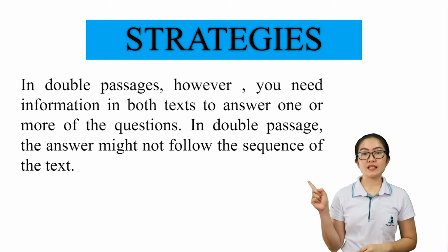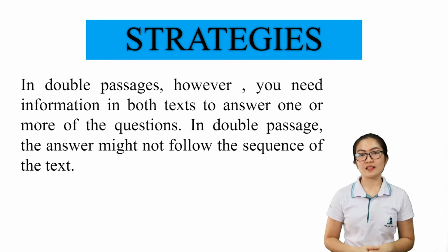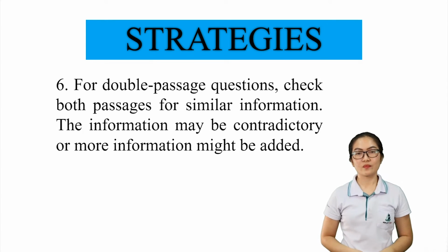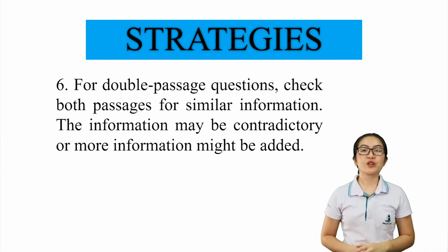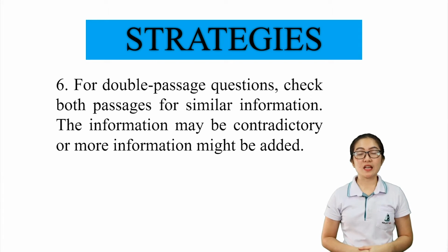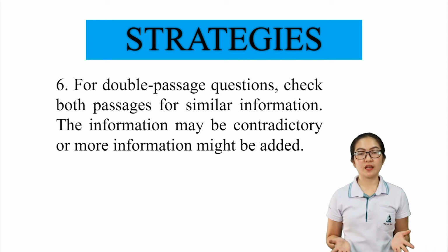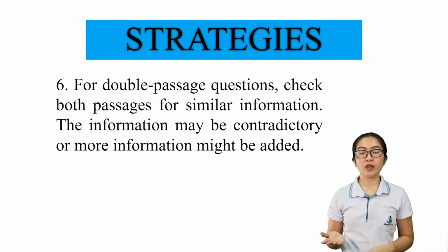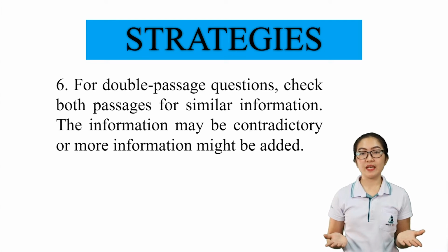In double passage, the answer might not follow the sequence of the text. Number 6, for double passage questions, check both passages for similar information. The information may be contradictory or more information might be added.